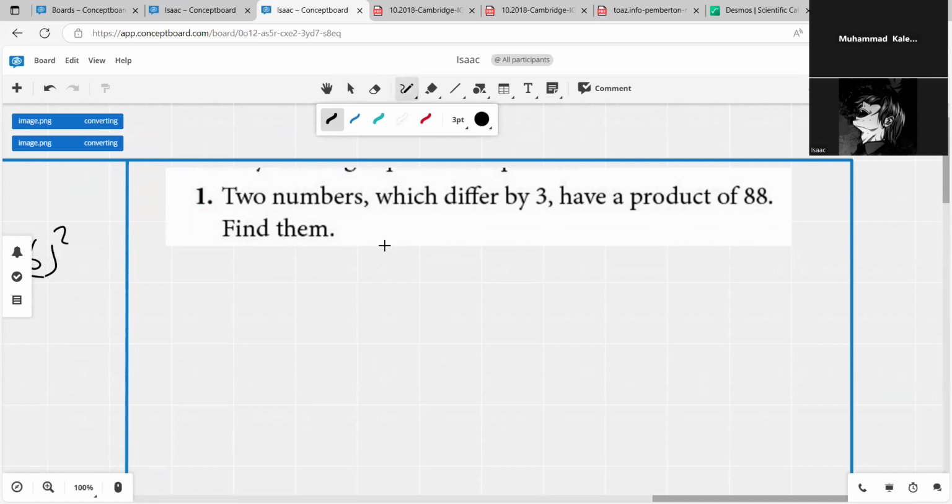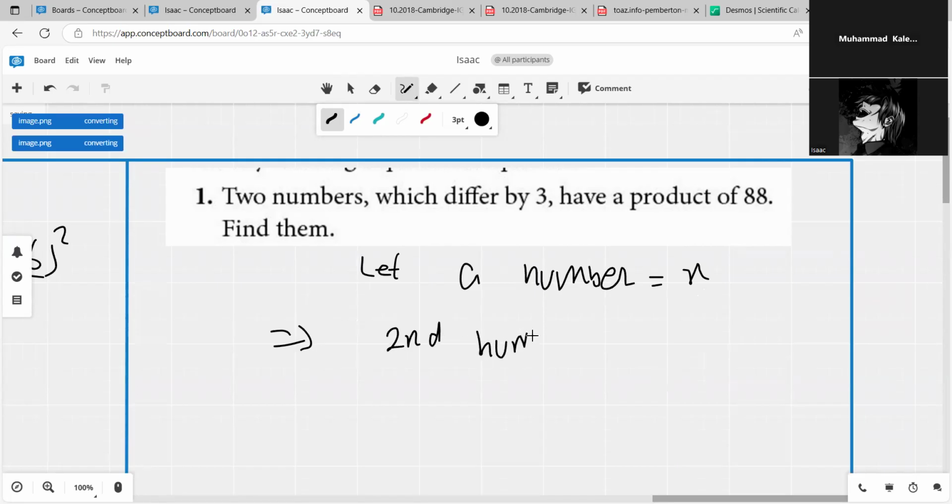We have two numbers which differ by 3. Let a number be x. We don't know what the number is. Let's assume this is x. What will the second number be? The second number must be x plus 3, because they mentioned that both numbers differ by 3.